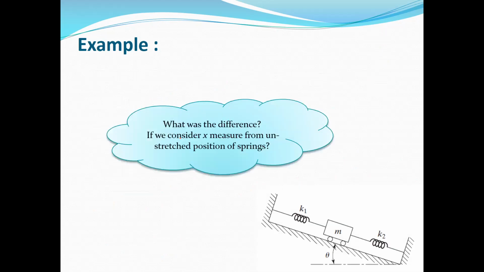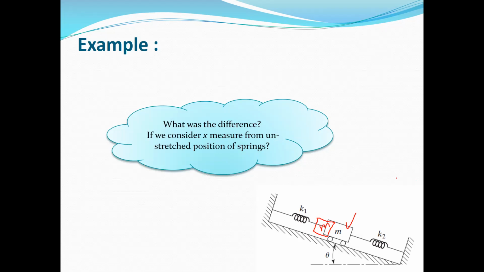What was the difference if we consider x measured from the unstretched position of the springs? For example, assume that before the stretch, the mass m is located here, and this is the equilibrium position. If you write the equation of motion, as I told you, you should consider the weight in your equations, and your calculations will be a little more complicated.